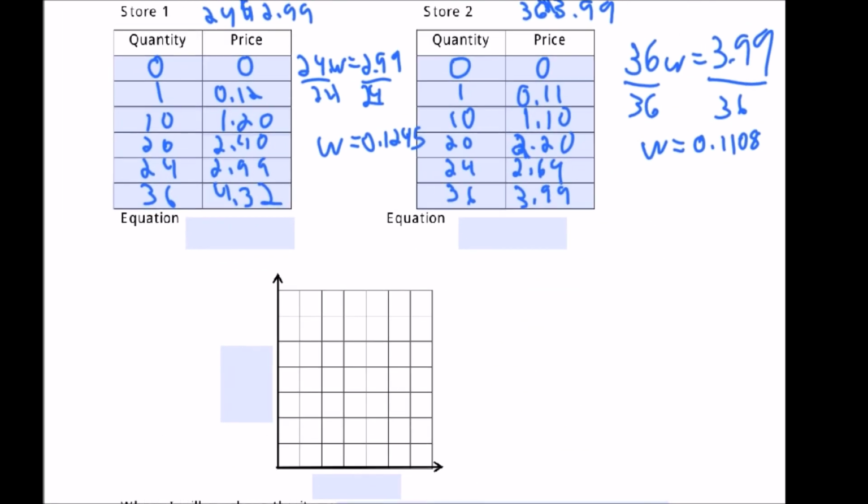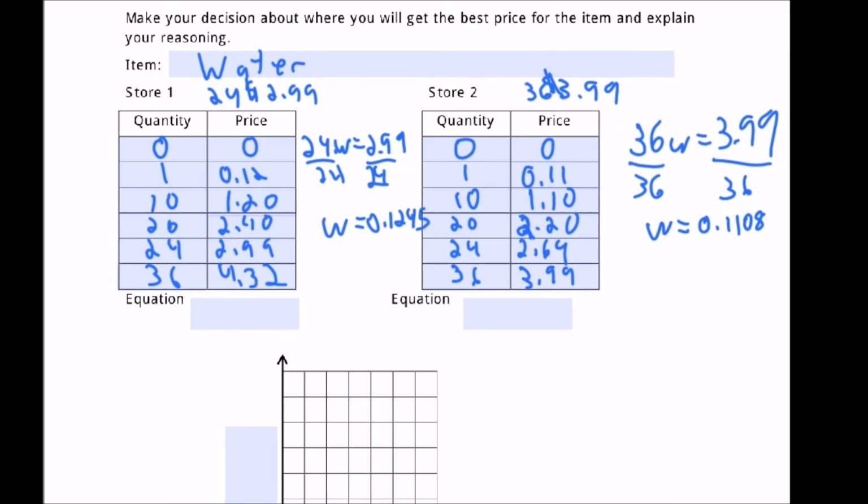Alright, so now I said originally to write your equation, but we didn't really write the equation, because the equation would involve that 12 cents and the 11 cents. So our equation is the price equals 12 cents times the number of bottles.